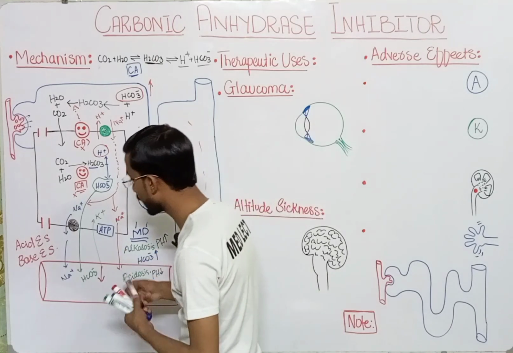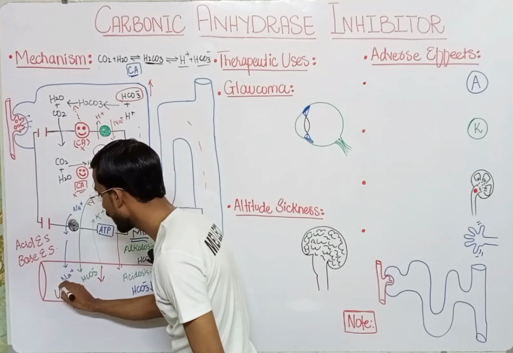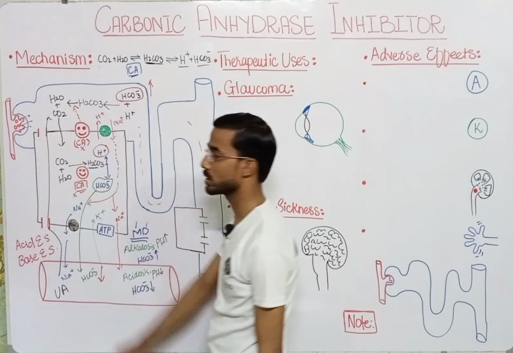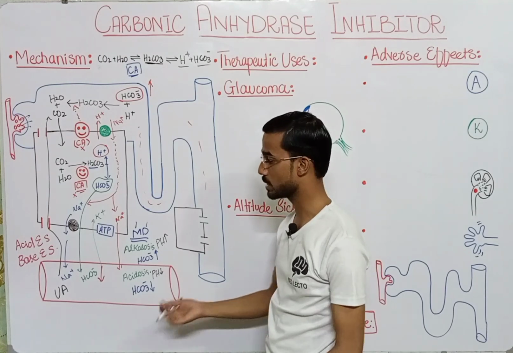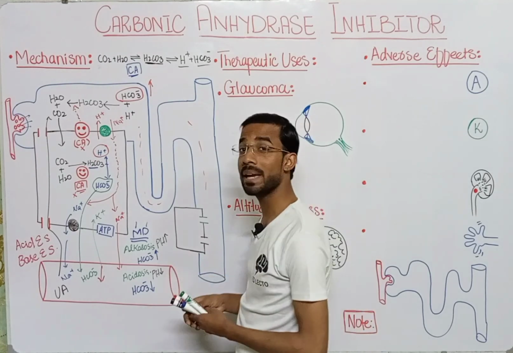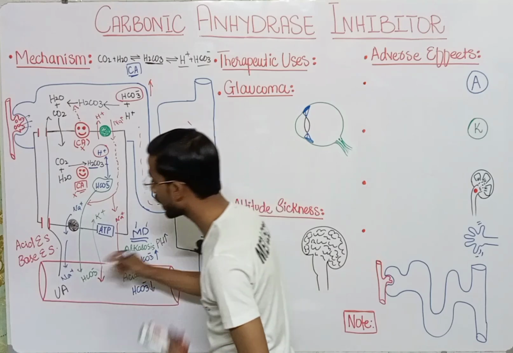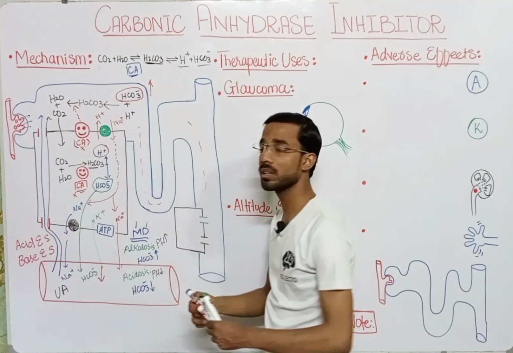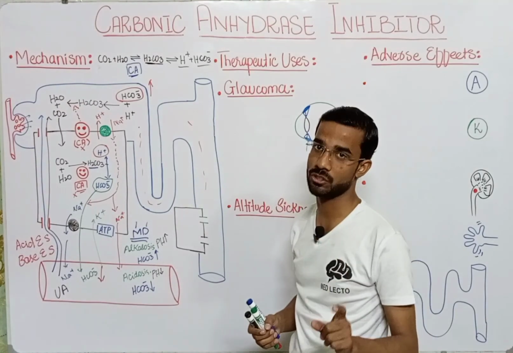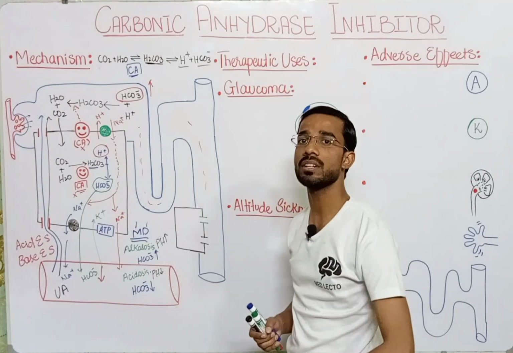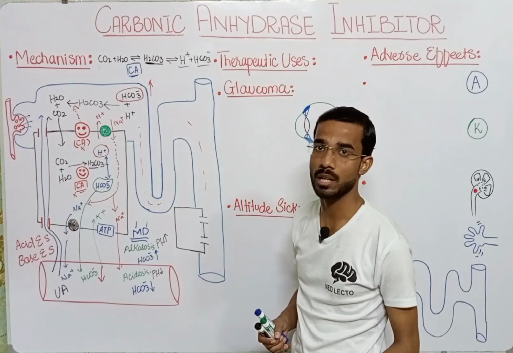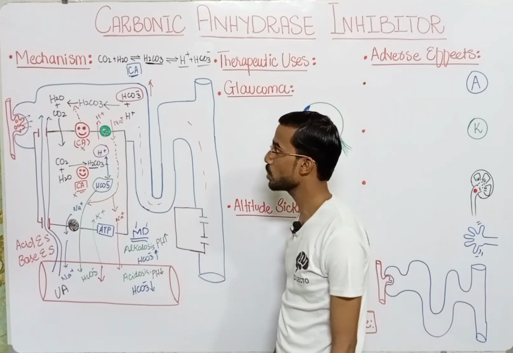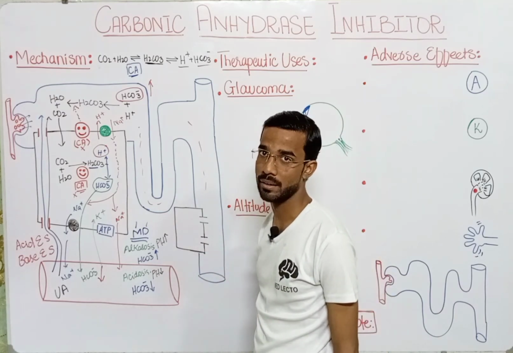So if I say that uric acid moves from the blood and enters into the lumen in the proximal convoluted tubule, this is the condition. And if I say the base, like creatinine, it actually moves from the blood and enters into the lumen. So there are two basic excretory systems, the acid excretory system and the base excretory system, that are actually present in the proximal part of the nephron. So this is the mechanism of the carbonic anhydrase inhibitors.